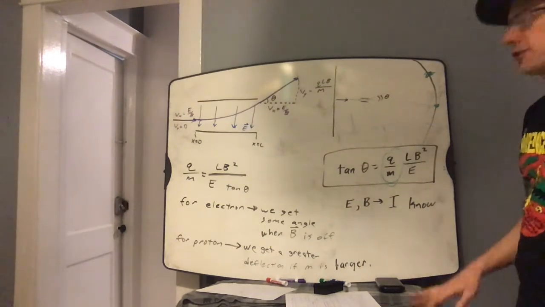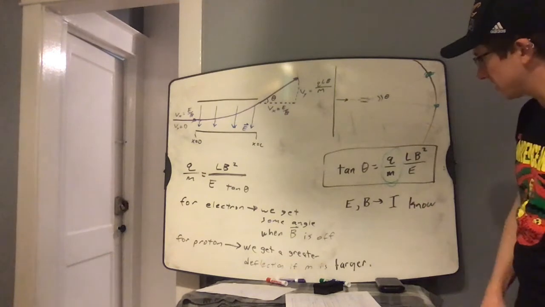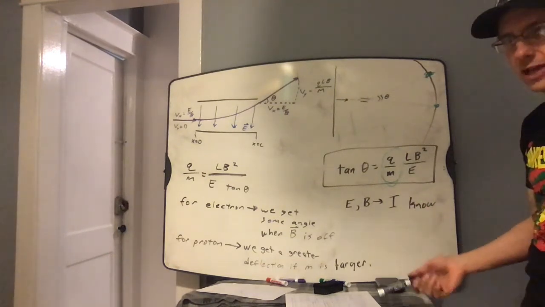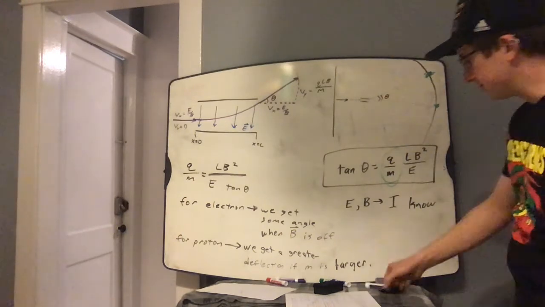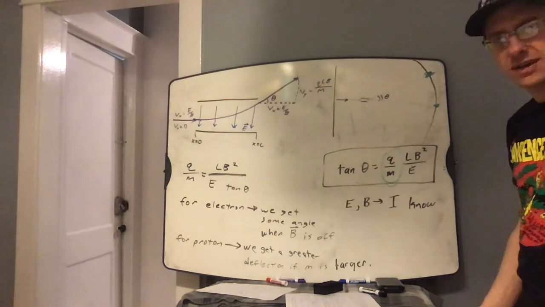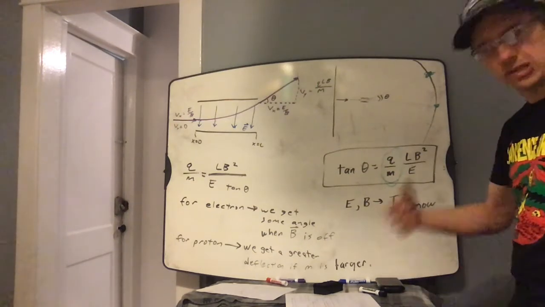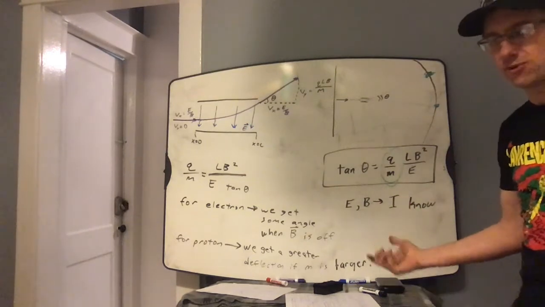So you could actually run this experiment, and you would see you get some amount of deflection for an electron, a lot more deflection, a much bigger angle of deflection for a proton. So that suggested that the electron is not just a heavy proton. An electron is actually a different type of particle with its own properties.